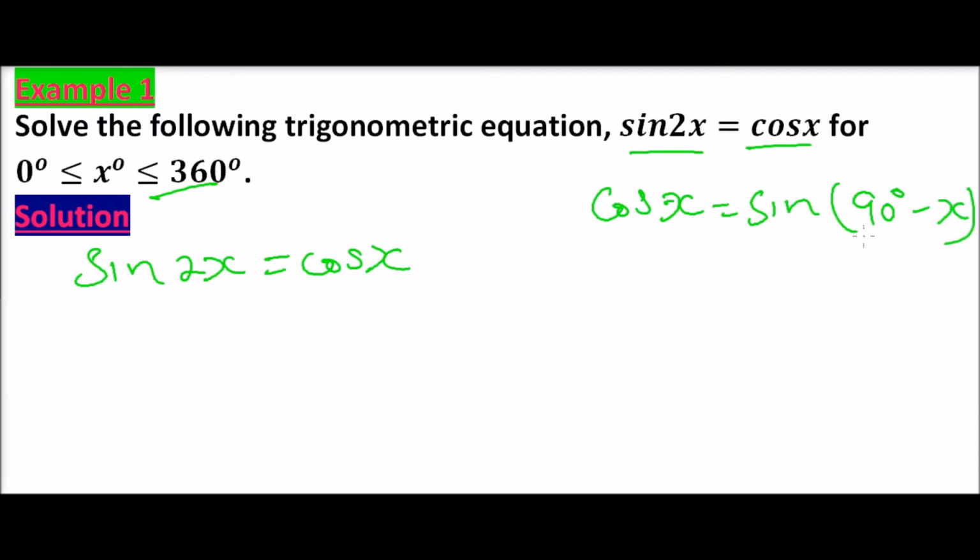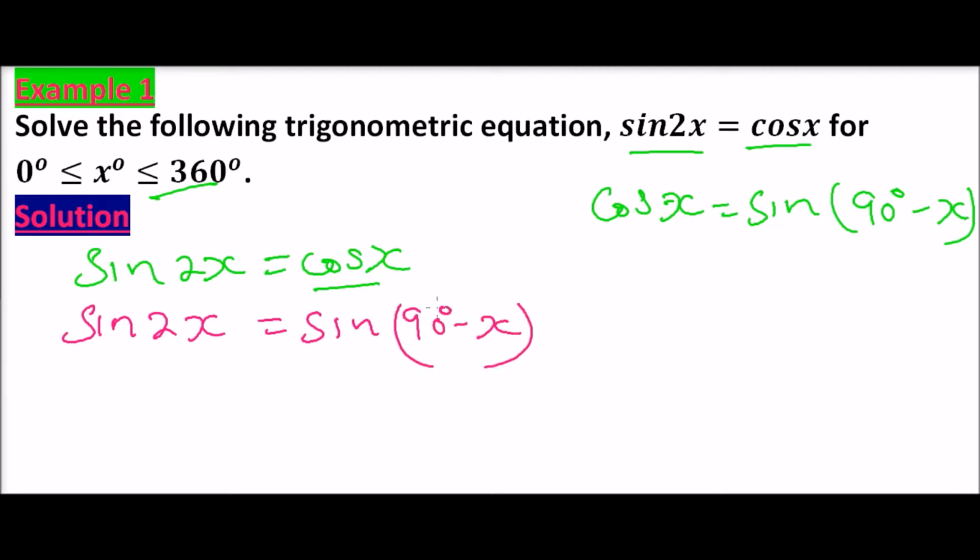We call them complementary angles, and therefore we can replace our cos x with sine of 90 minus x. So we can write sine 2x is equal to the sine of 90 degrees minus x.